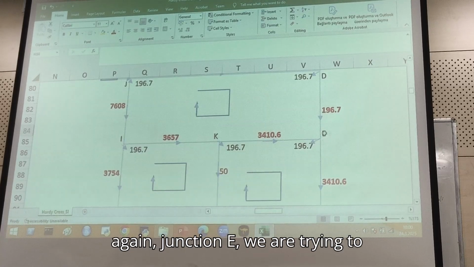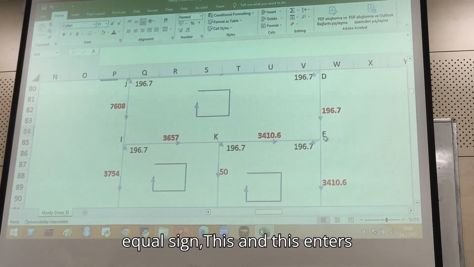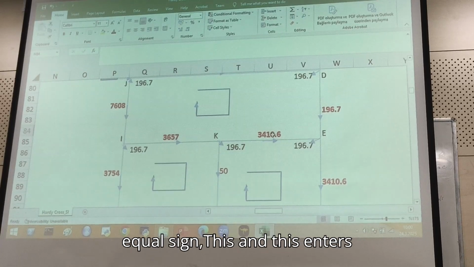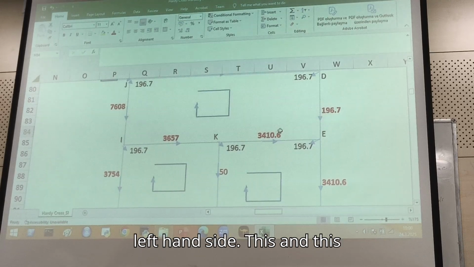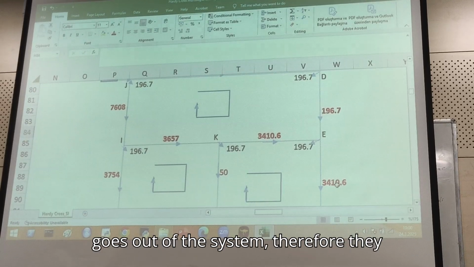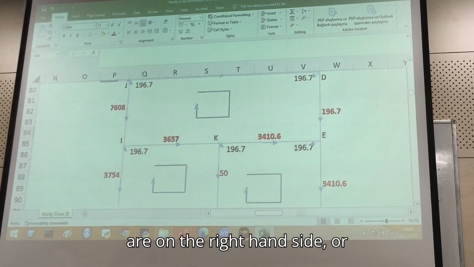Okay, once again, junction E, we are trying to create an equilibrium, so we put our equal sign. This and this enter the system, therefore they are on the left-hand side. This and this go out of the system, therefore they are on the right-hand side.